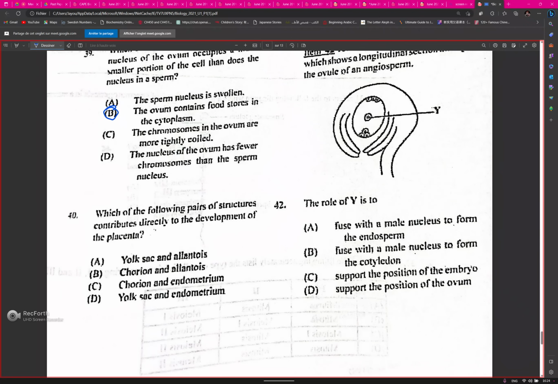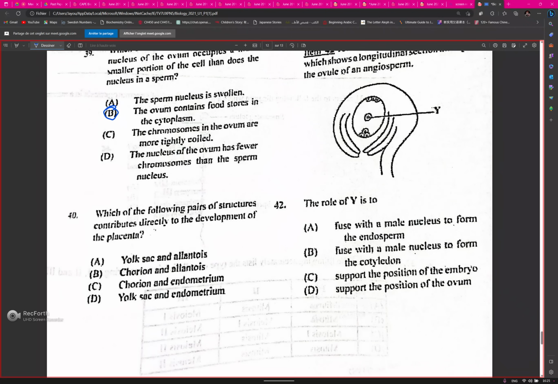Alright, so the allantois is the embryonic precursor, right? So it forms before the umbilical cord. So we all agree that the chorion is a part of the answer, but it's different between the allantois and the endometrium. So is it the allantois or the endometrium? Which one?